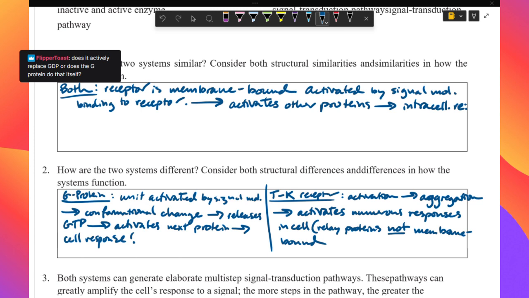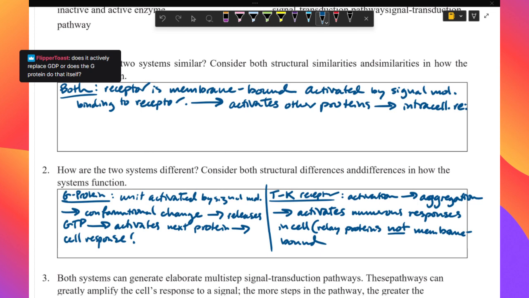When the receptor is activated, a GTP from the cytosol can then bind to that inactive G protein to activate it. It loses one of those inorganic phosphates, and then that allows for the movement of that part of the G protein complex onto the next protein, which is the relay protein, which is membrane bound nearby.